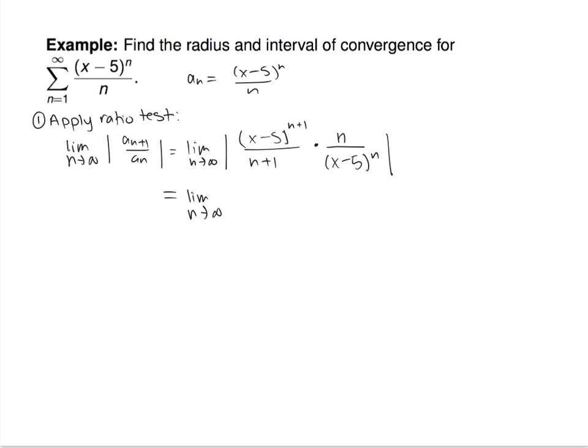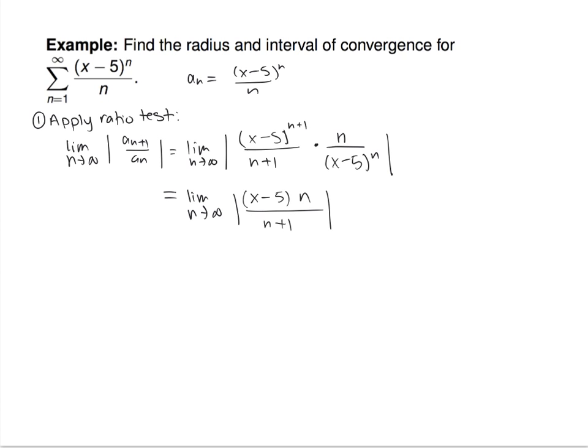Does that make sense? A bunch of stuff should cancel. What cancels? (x minus 5) to the n. So I have x minus 5 times n over n plus 1, still all absolute value, just for now.